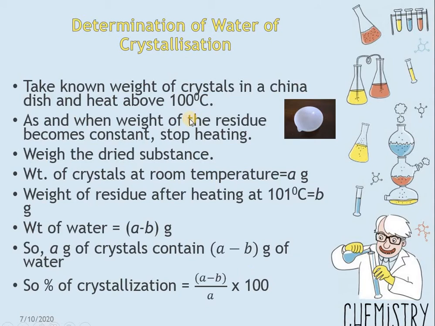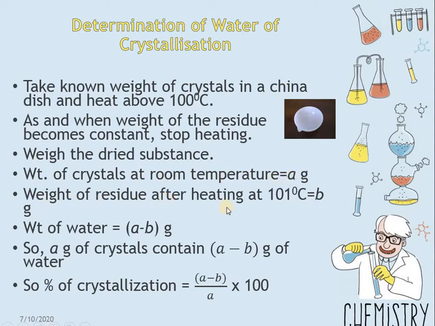Now how do you determine this water of crystallization? Take a known weight of crystals in a china dish. This is the china dish photograph. Heat above 100 degrees Celsius. As and when the weight of the residue becomes constant, stop heating. Weigh the dry substance. Let's say weight of crystals at room temperature was A gram.